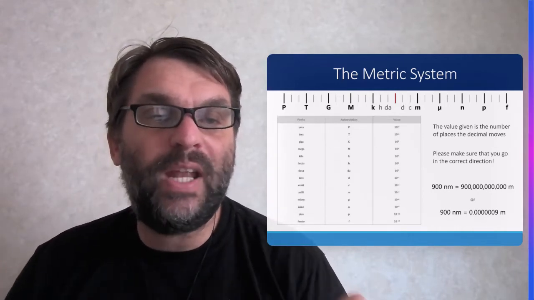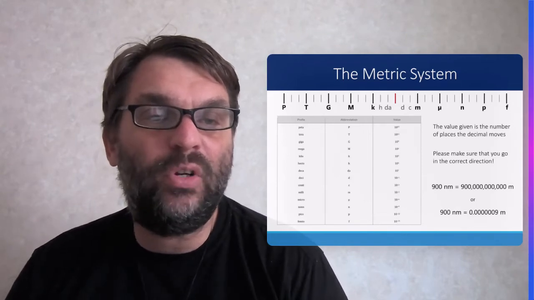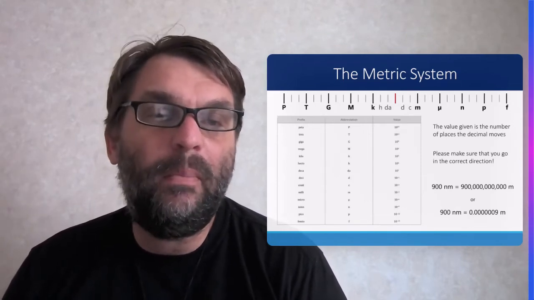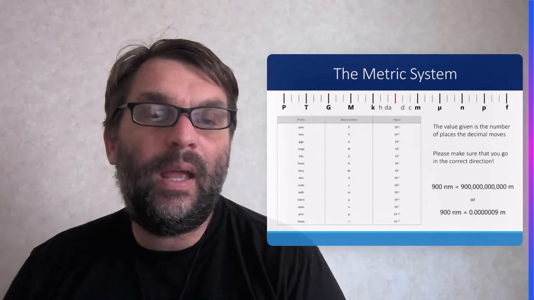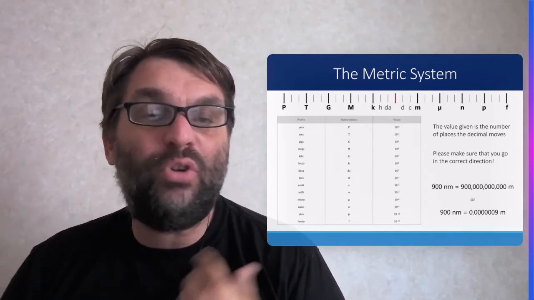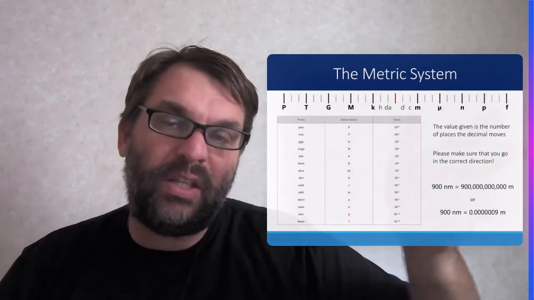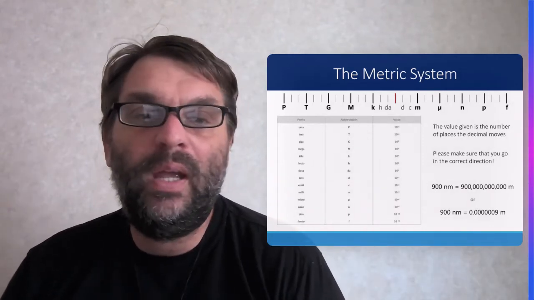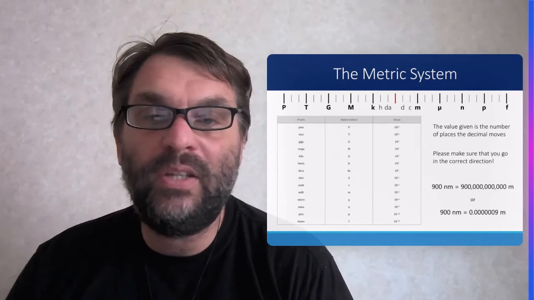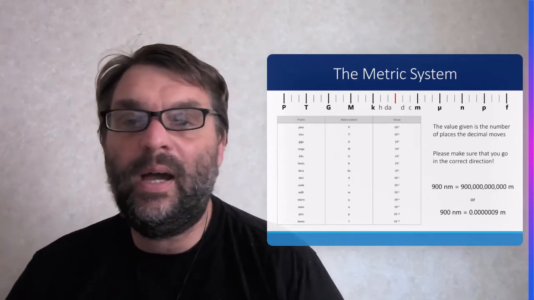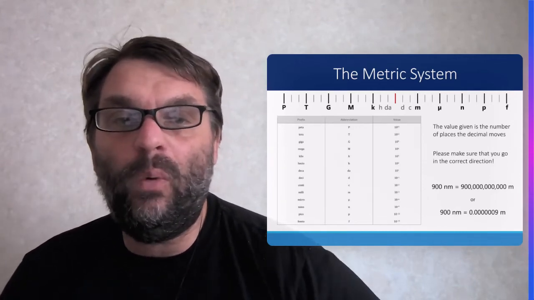So 900 nanometers is 900 times 10 to the negative 9 meters, or 0 point, then 9 zeros, then 9 meters. That's how you interconvert using standard form.